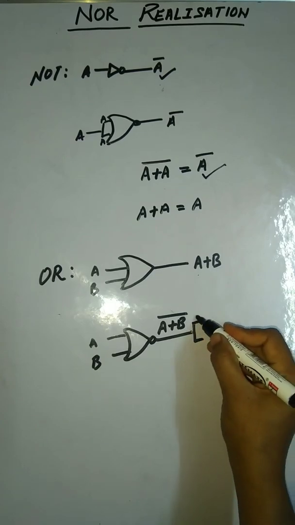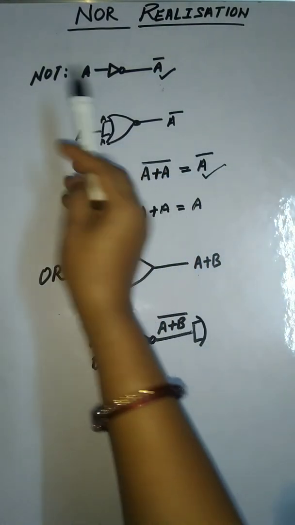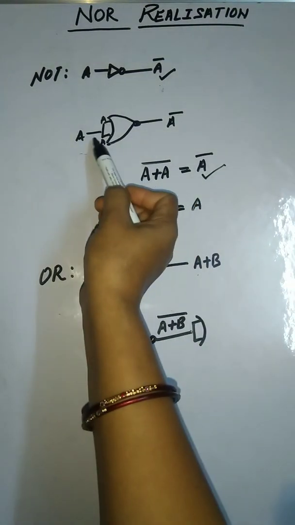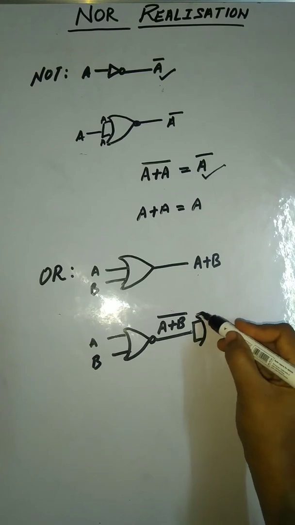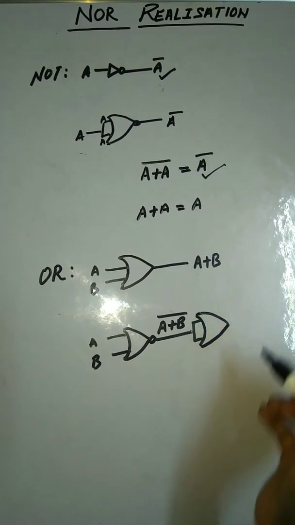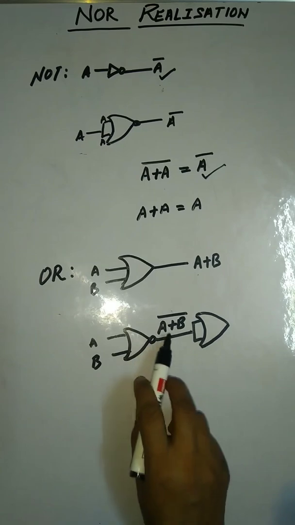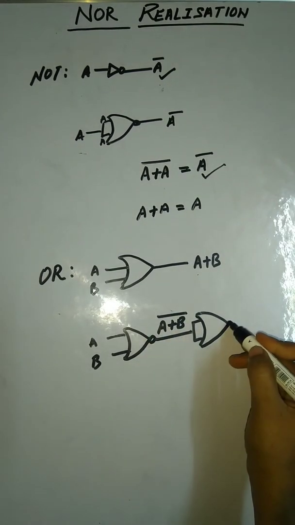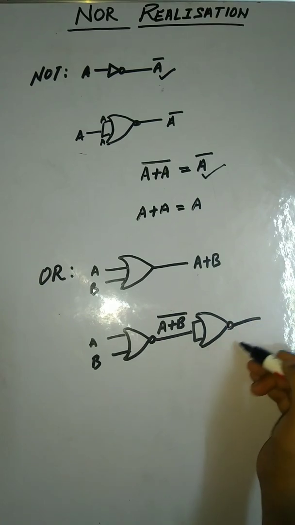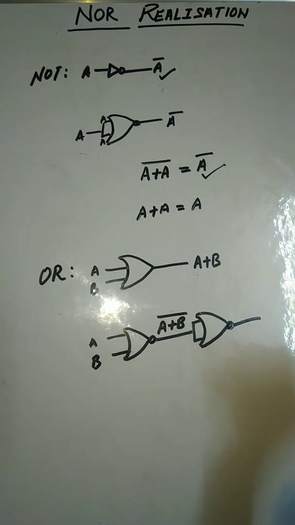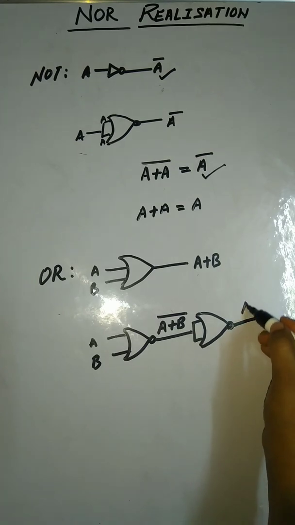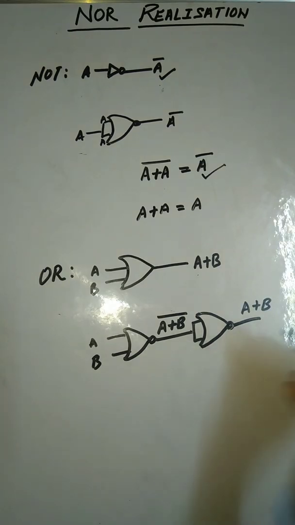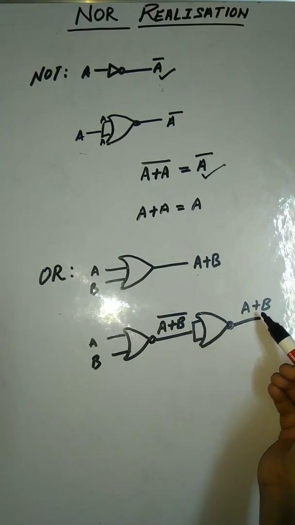This NOT gate is equivalent to the NOR gate, so by clumping the input lines, we draw the NOT gate here. When we pass the input (A + B) whole bar through the NOR gate, which works as a NOT gate, it will produce A + B.